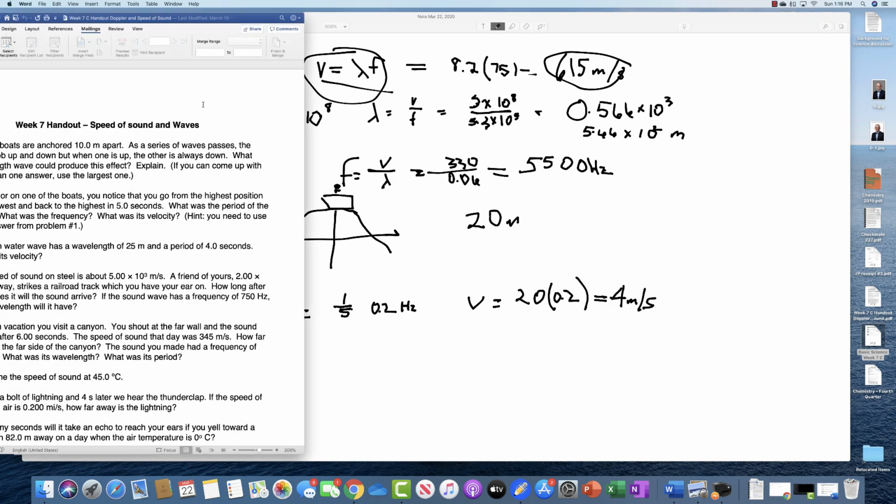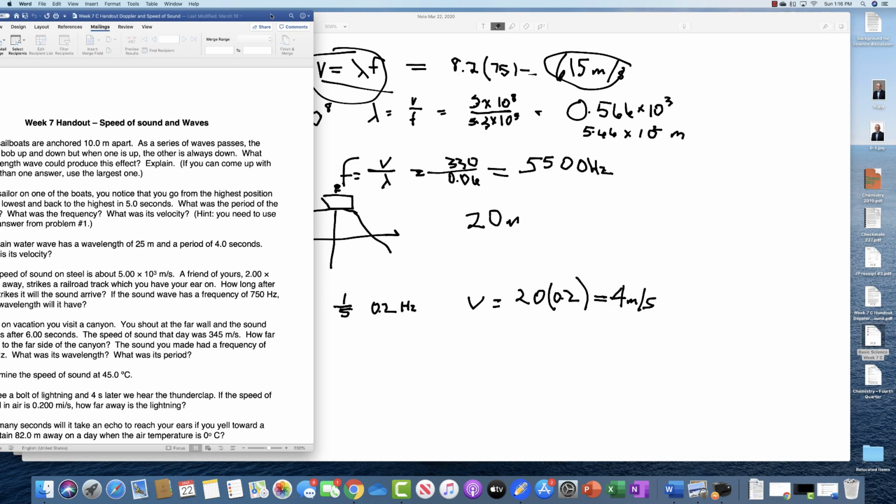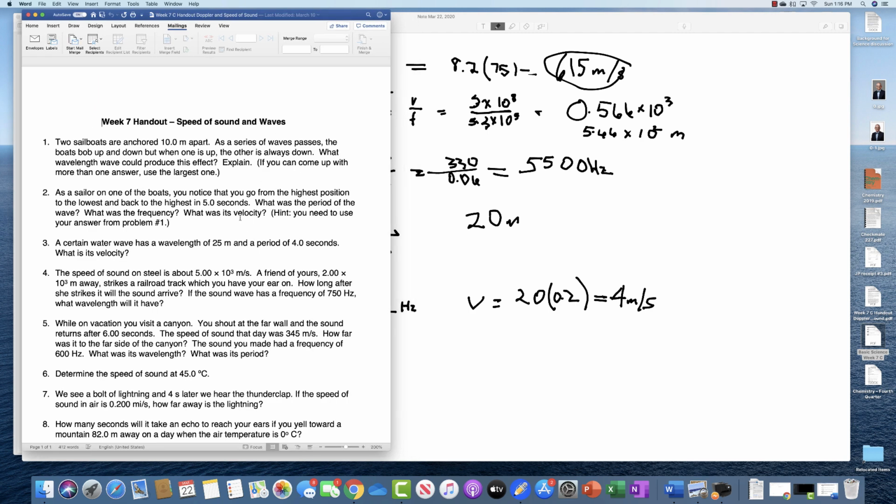You need the frequency and the wavelength. So you have to change this period to the frequency. I already told you that the frequency is 1 over the period. So the wavelength times 1 over the period will give you the velocity.